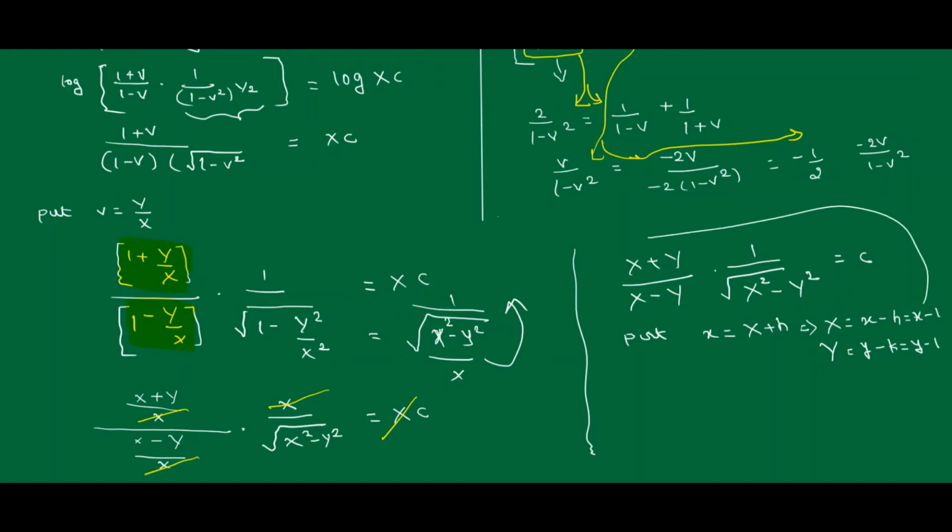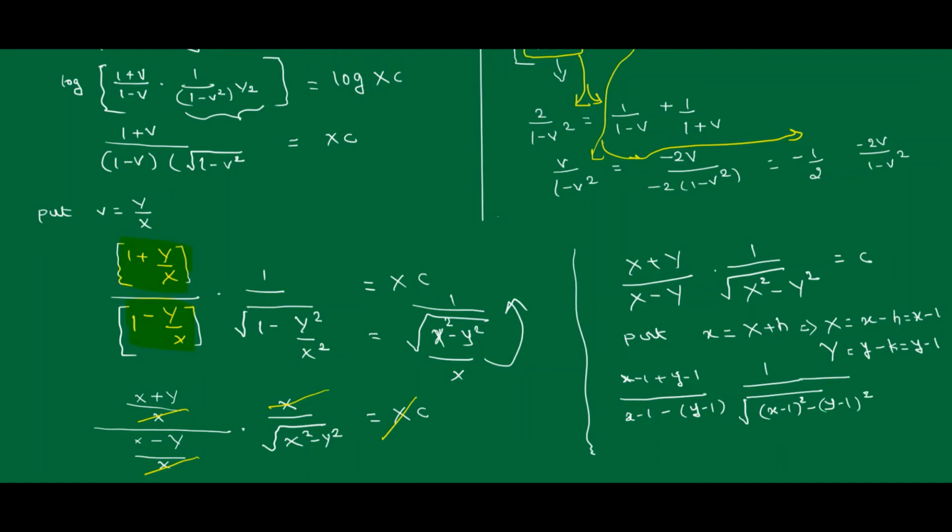Substitute both the values for X and Y. So that is X value is x minus 1, plus Y value is y minus 1, divided by X value is x minus 1, minus y, that is minus into bracket y minus 1, divided by square root of x minus 1 whole square minus y minus 1 whole square is equal to c.